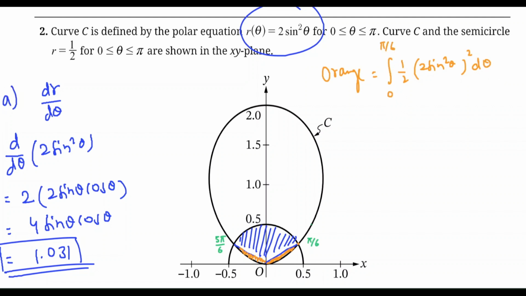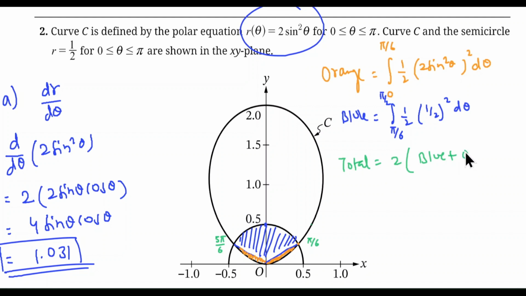That's the orange one. And then the blue area is going to be half of r squared d theta, where r is half, all the way from pi over 6, obviously, to pi over 2. We add both of these, and the total area will be twice of that. So total area will be 2 times the blue area plus the orange area.